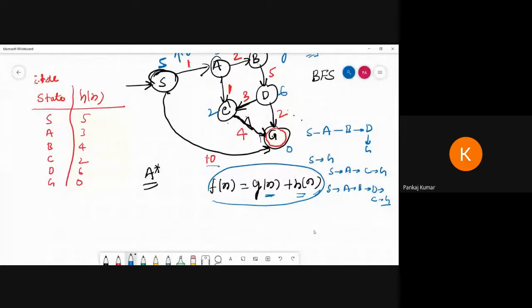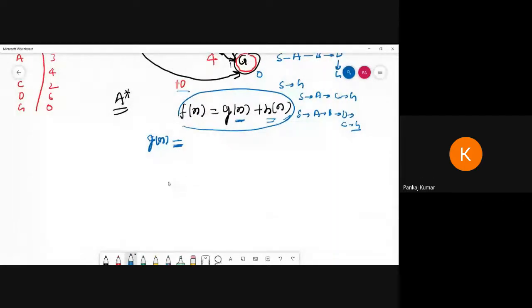So I'm going to write g of n is equal to, what is it in English meaning, the path cost from the start node to node n.